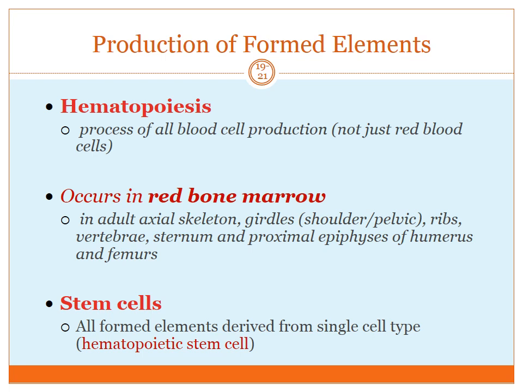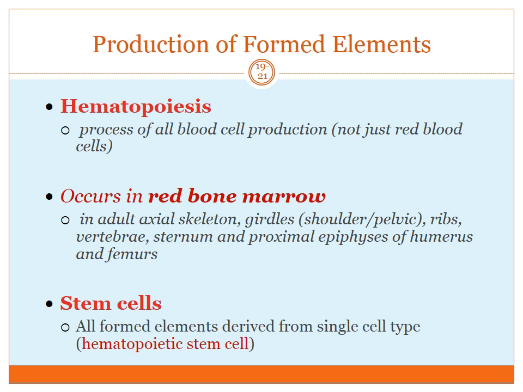If we look overall at the production of all of the formed elements, the red blood cells, the white blood cells, and the platelets, this is known as hematopoiesis. Remember, erythropoiesis refers to the production of red blood cells. Leukopoiesis refers to the production of white blood cells. Thrombopoiesis would be the production of platelets, but hematopoiesis refers to the production of all blood cell lines.